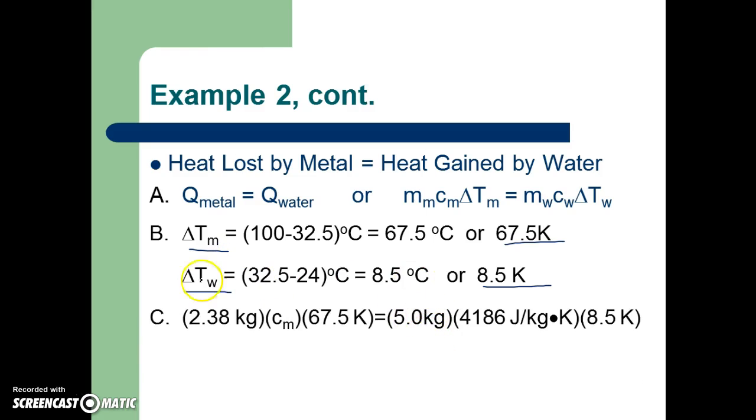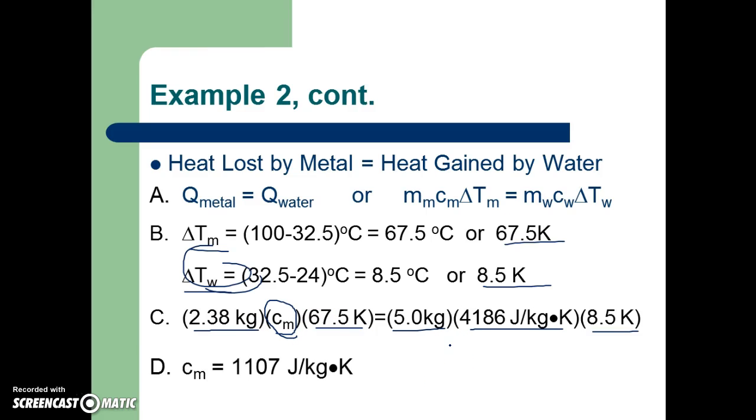Then all we have to do is take everything for the water and plug it in. We put the mass of the water, the specific heat of the water, the change in temperature for the water, and we set it equal to the mass of the metal, the specific heat we're looking for, and the change in temperature for the metal. And we solve for C.